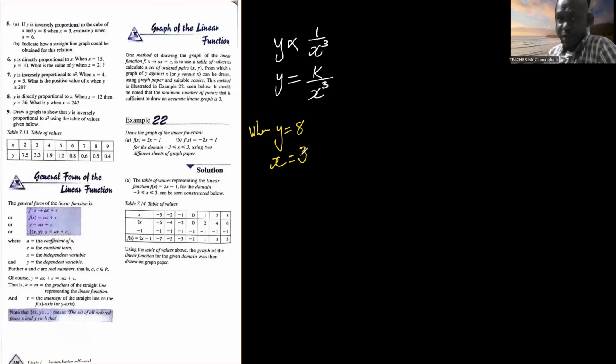I didn't bother with the homework this weekend, but I'm not seeing work from you right now. So when y is 8, I want the value of k, everybody. What's the value for k, everybody?